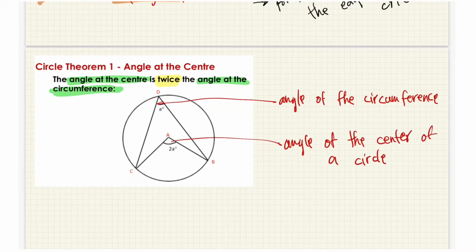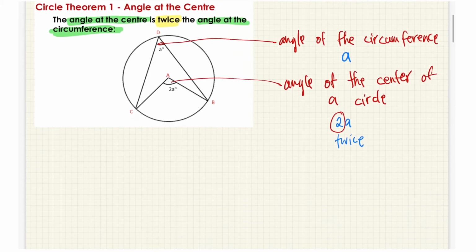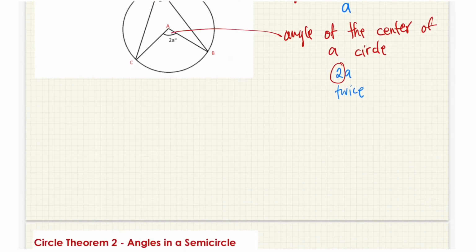So you have to remember that the angle at the center is twice the angle at the circumference. So this is 2 times A, and this is A. The 2 here means twice. Okay, now let's have an example. Let's draw a circle and let's draw an angle inside.